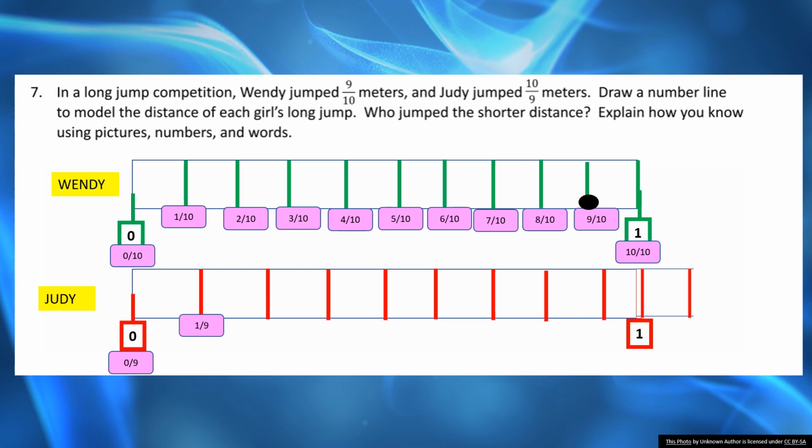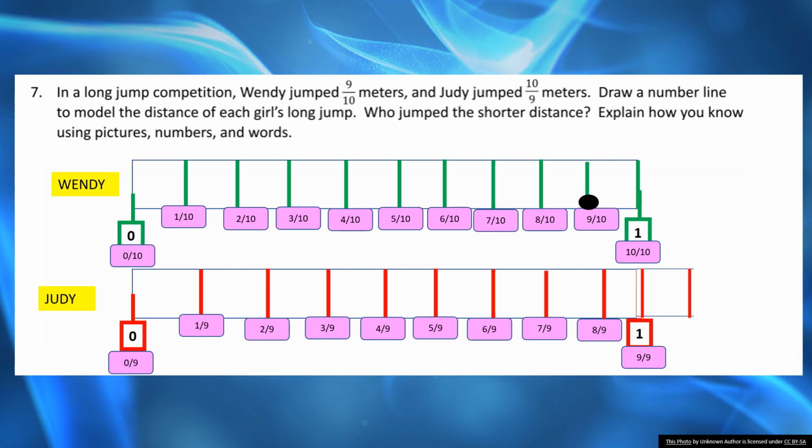After 0 ninths is 1 ninth, 2 ninths, 3 ninths, 4 ninths, 5 ninths, 6 ninths, 7 ninths, 8 ninths, 9 ninths should be directly below the number 1, because 9 divided by 9 is 1, which means 9 ninths is equivalent or equal to 1.